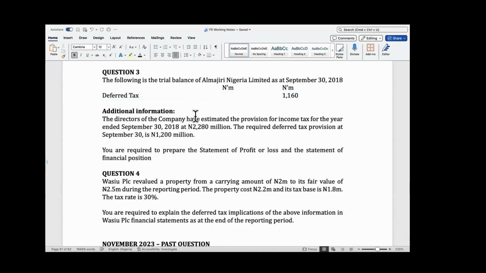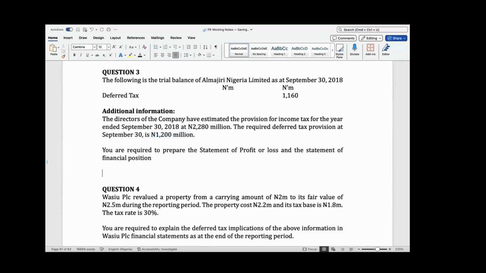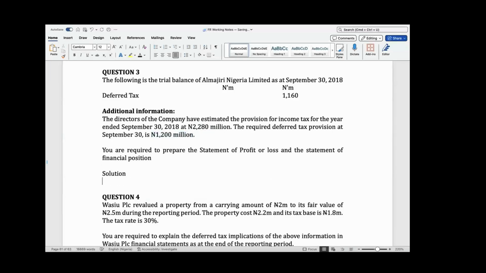We're told that the directors of the company have estimated the provision of income tax for the year ended 30th September 2018 at this amount. The required deferred tax provision at September 30th is this amount. We're now required to prepare a statement of profit or loss and a statement of financial position.